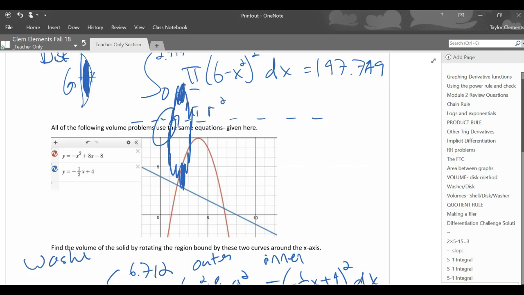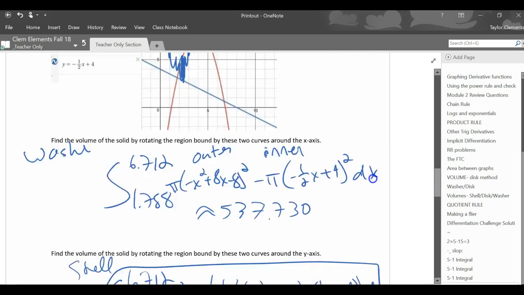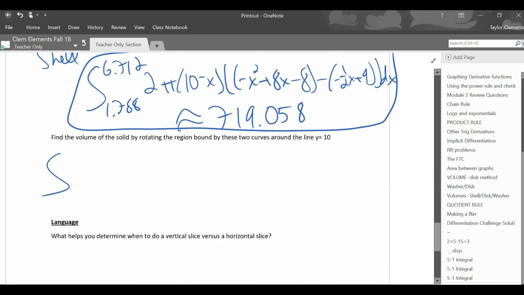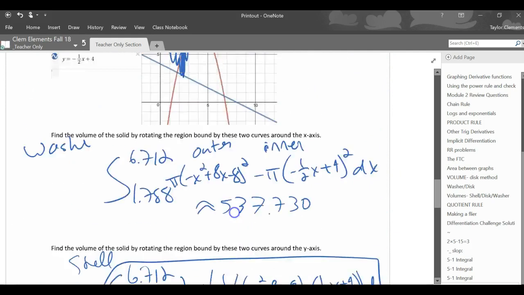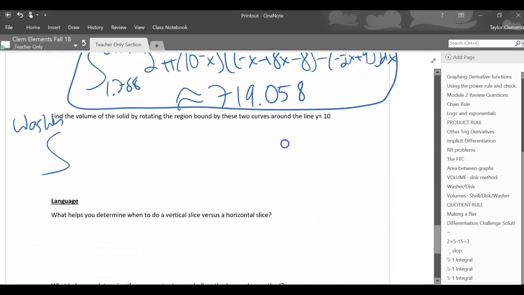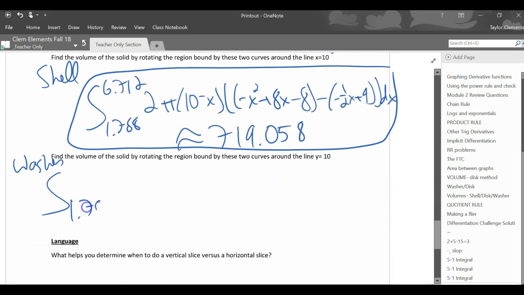It'd be a little bit more difficult because you have to think about, well, this is y equals 10. Let me get it set up here. This is washer. Still vertical slices, so same integration, 1.788 to 6.712. And washer is pi r squared minus pi r squared, the outer minus the inner.